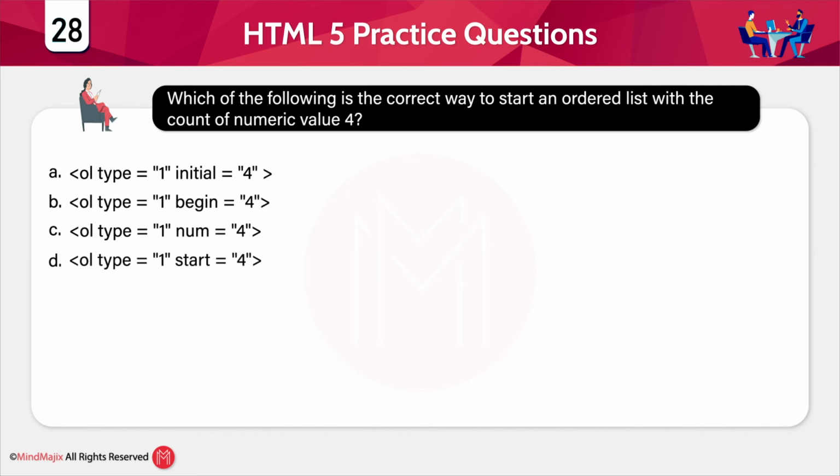Yes, this is it, guys: start 4. Start is an attribute whose value is 4, so it starts from 4. What's the correct option for the 28th? D, guys. D is the correct option. Start equal to 4, so it begins from 4, 5, 6 like that.